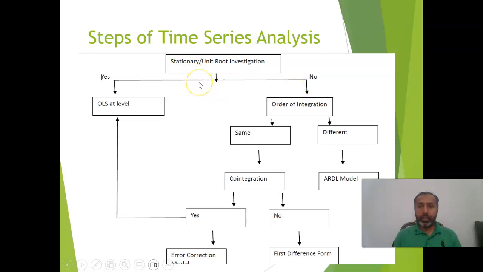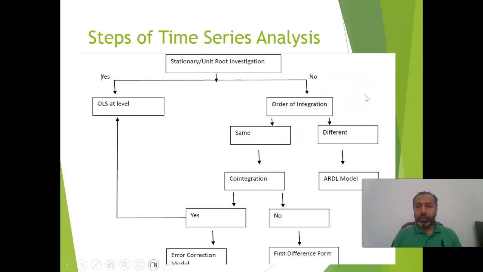If they are stationary at level, then we shall run OLS at level. If the variables are not stationary at level, so if the stationarity answer is no, which is also known as unit root investigation, then we check their order of integration. By order of integration, we mean at what difference level they become stationary. Many macroeconomic variables become stationary when they are measured in first difference form.